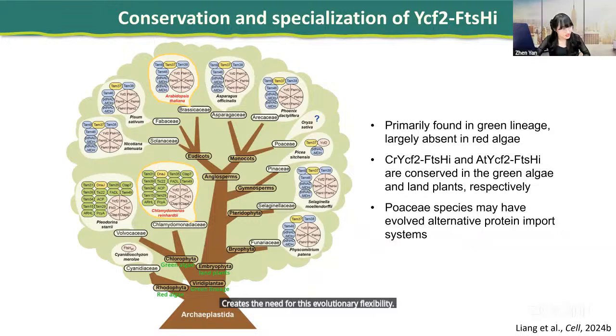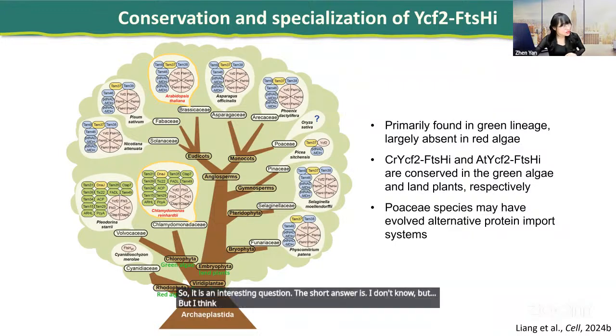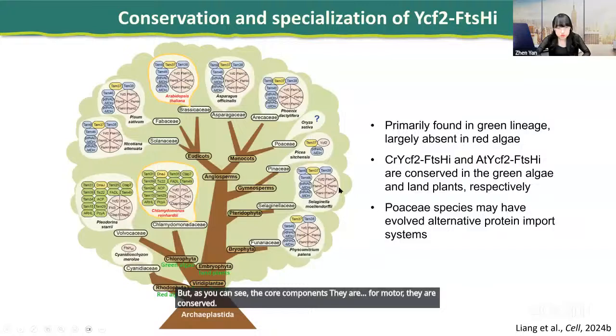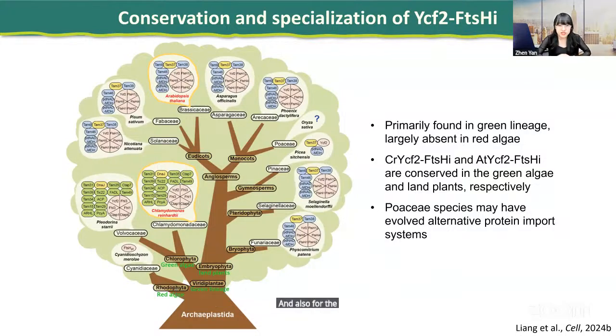So it is an interesting question. The short answer is I don't know, but I think they are not strictly conserved. But as you can see, the core components for the motors are conserved, and also for the TIC translocon, TIC20, a key component, can also be found across almost all the species.